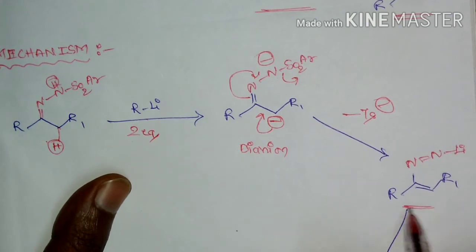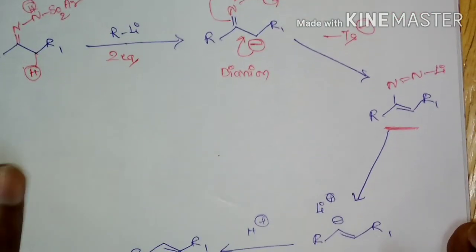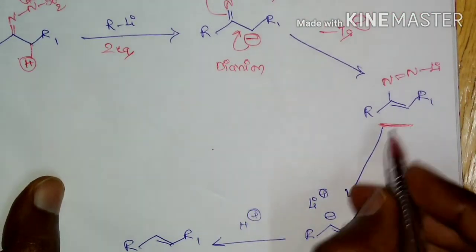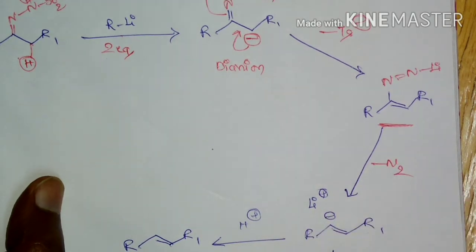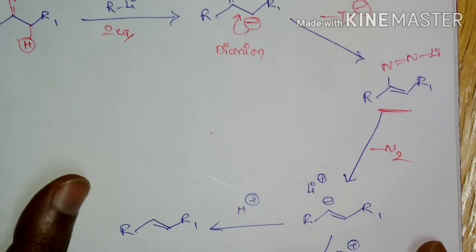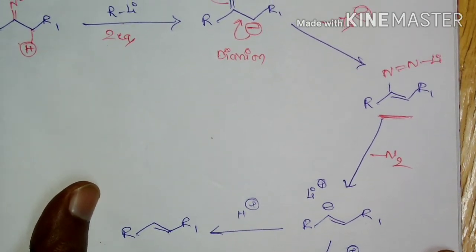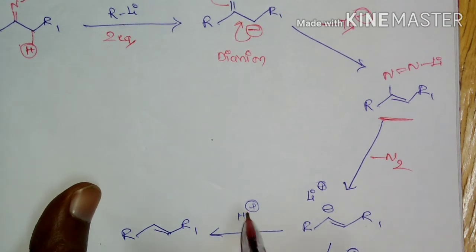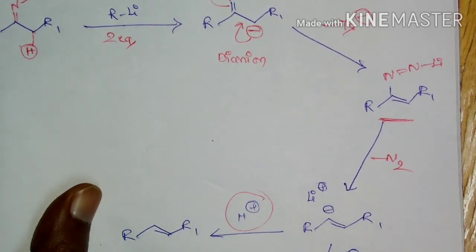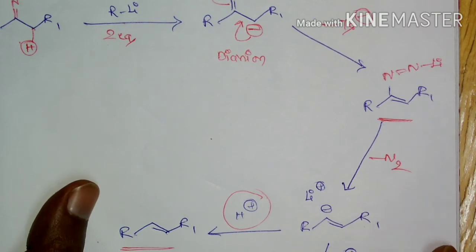Okay, and that leads to the formation of this intermediate, and this intermediate finally is going to lose nitrogen. Okay. And there will be formation of a vinyl anion. So this vinyl anion, if proton is used, then it leads to formation of alkene.